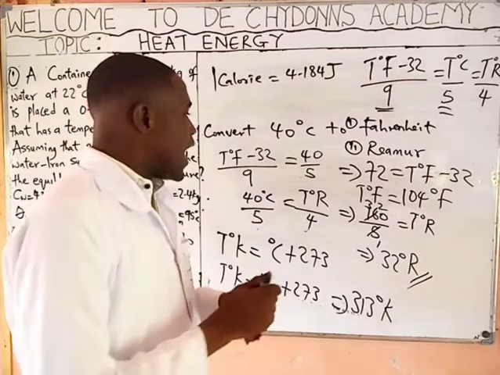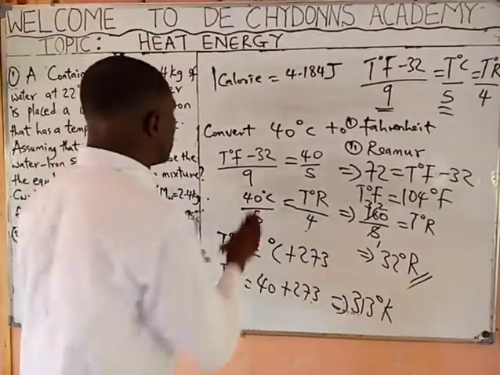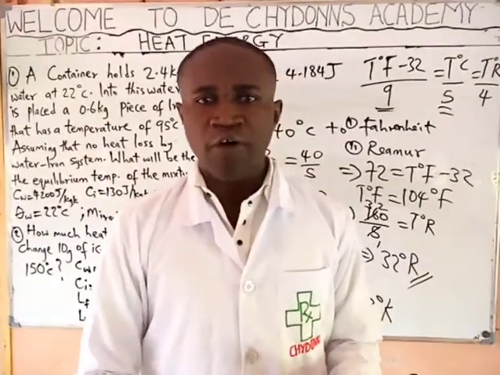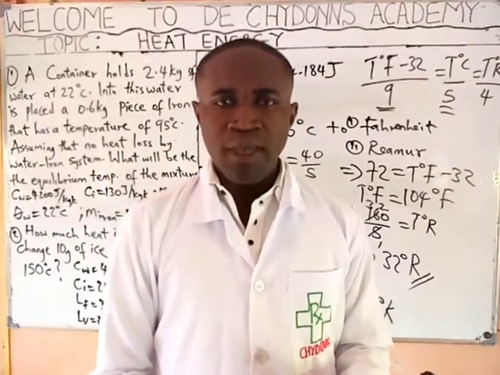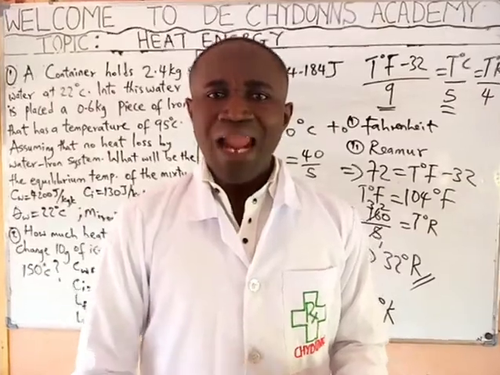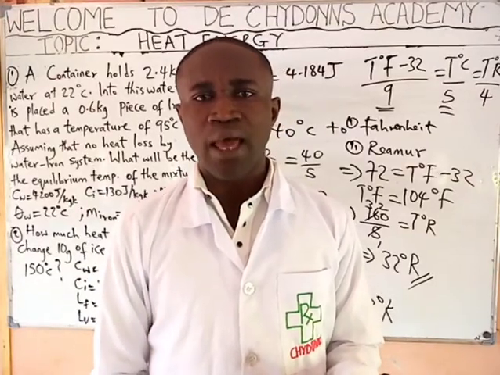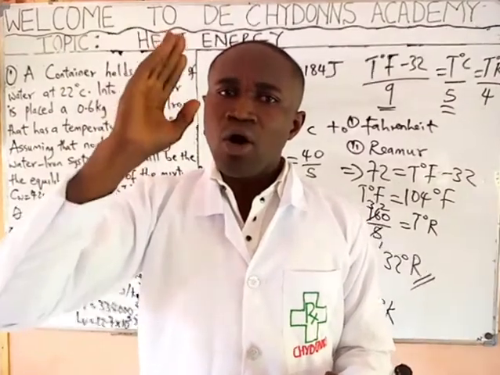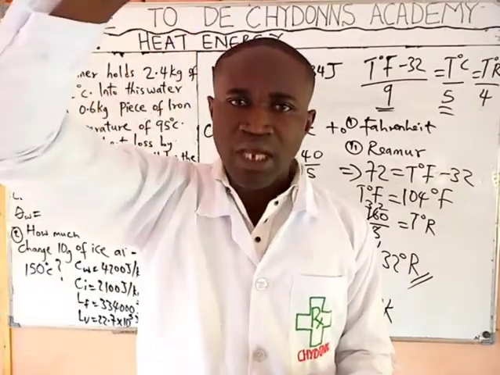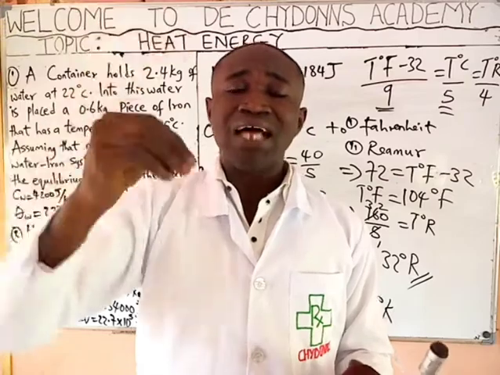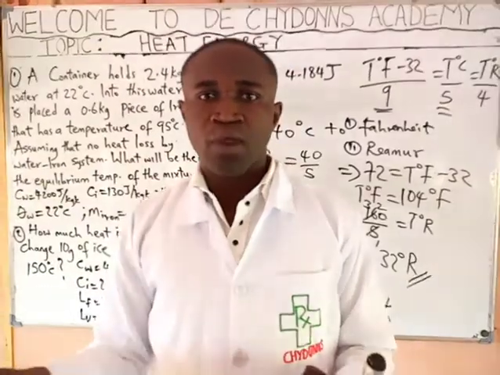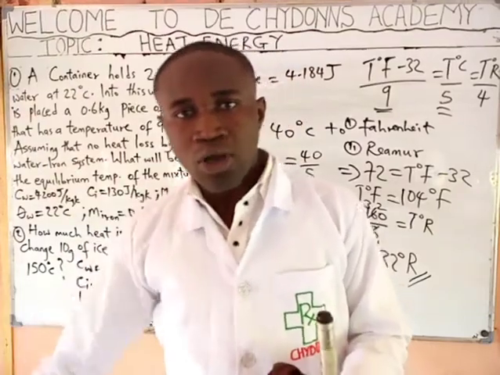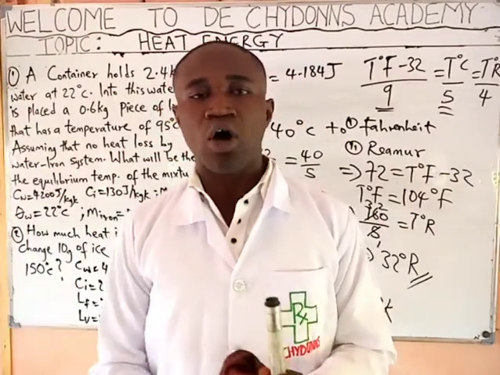Okay? Then, what we need to also know is that metals are conductors of heat. What do we mean? Metals allow heat to pass through them. And we also know that heat energy moves from a hotter object to a colder object, or to a less hot object.